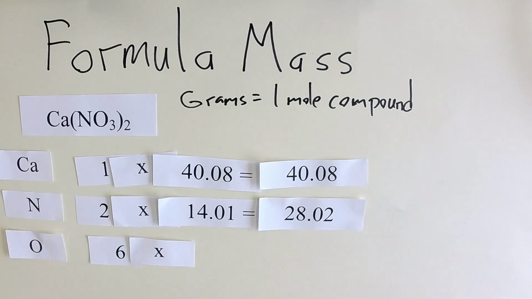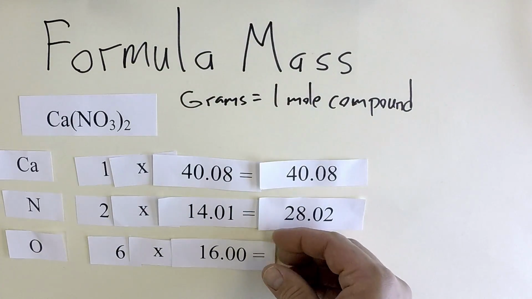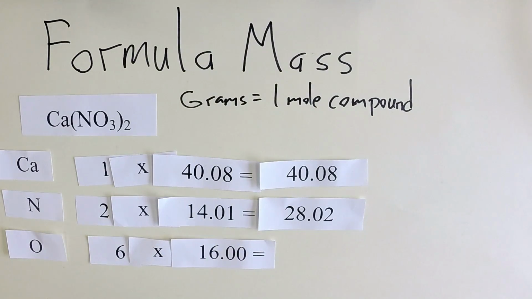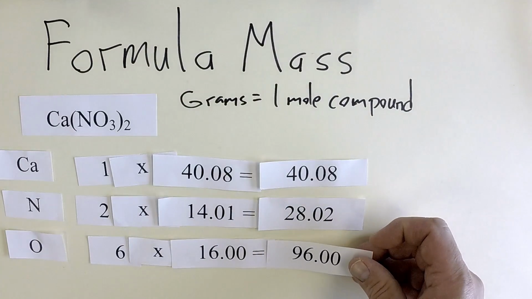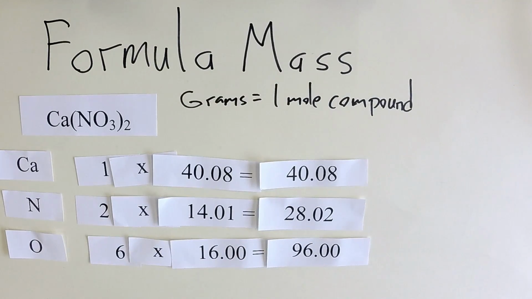In the formula, there are 2 nitrogen atoms. Finally, the oxygen, 6 times 16.00, that gives you 96.00. So that's the next step. Multiply the number of atoms of each element by the average atomic mass for the element. And again, the average atomic mass comes from the periodic table.